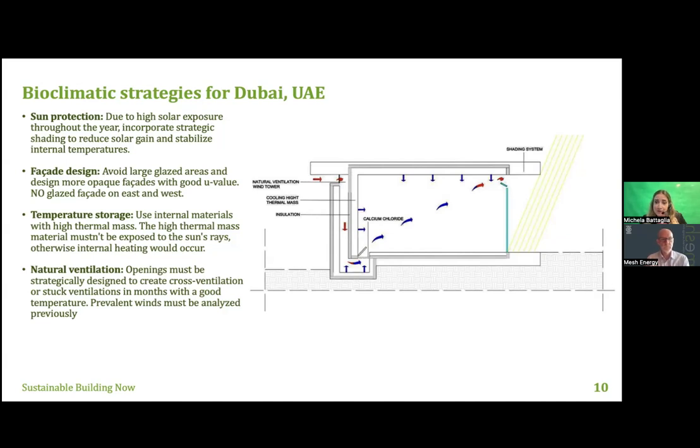It's really important as well to use, as you can see here, high thermal mass inside a building. So using materials, as I said before, like cement, adobe, rock, and also incorporating materials like calcium chloride. Calcium chloride is a type of salt that you can also find when you buy a new pair of shoes, okay?